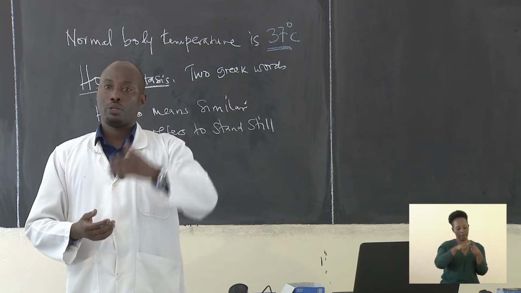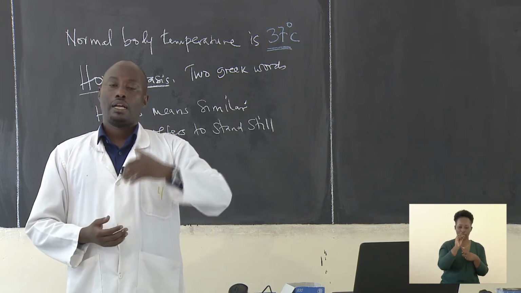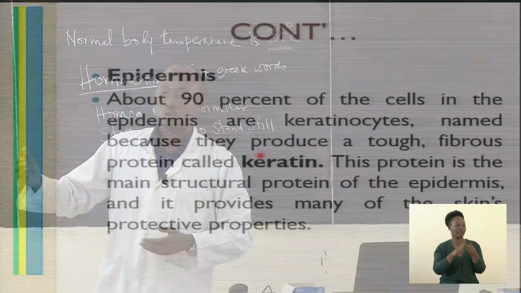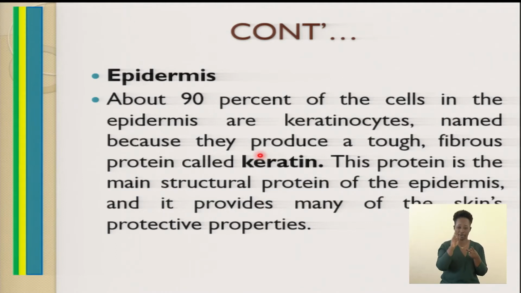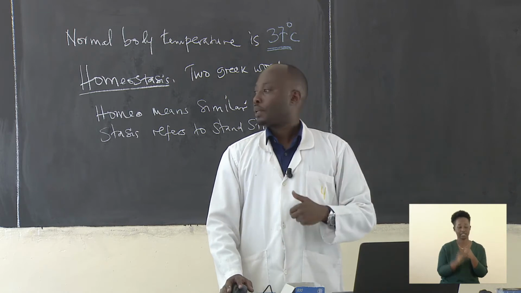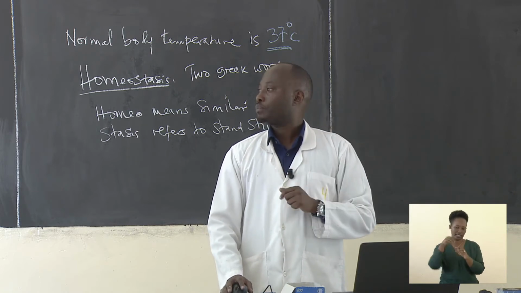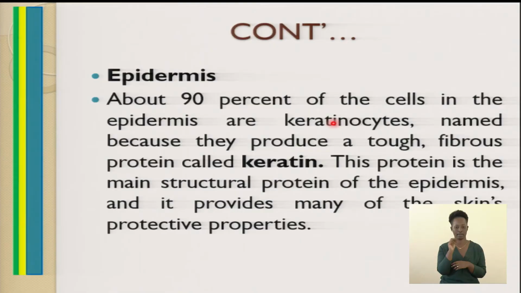Globular proteins play a big role in metabolic processes, and the fibrous proteins are the ones composed of keratin. Let us emphasize keratin. Almost 90% of the cells found in the epidermis are dead cells, and these are called keratinocytes, because they produce a tough fibrous protein called keratin.